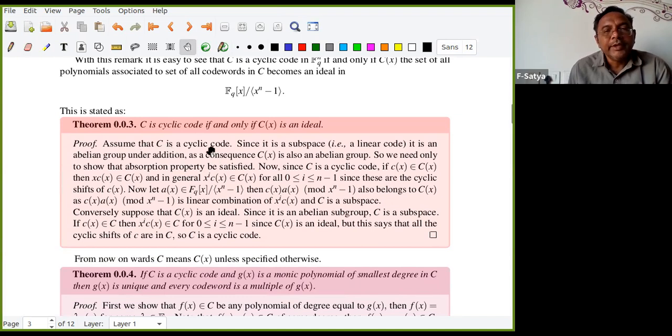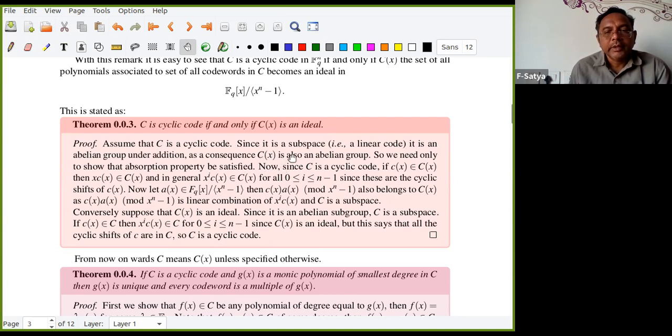Assume C is a cyclic code. What do you know about a cyclic code? It is a subspace, a linear code, so it is an abelian group under addition. As a consequence, C(x) is also an abelian group, because adding here means adding there.